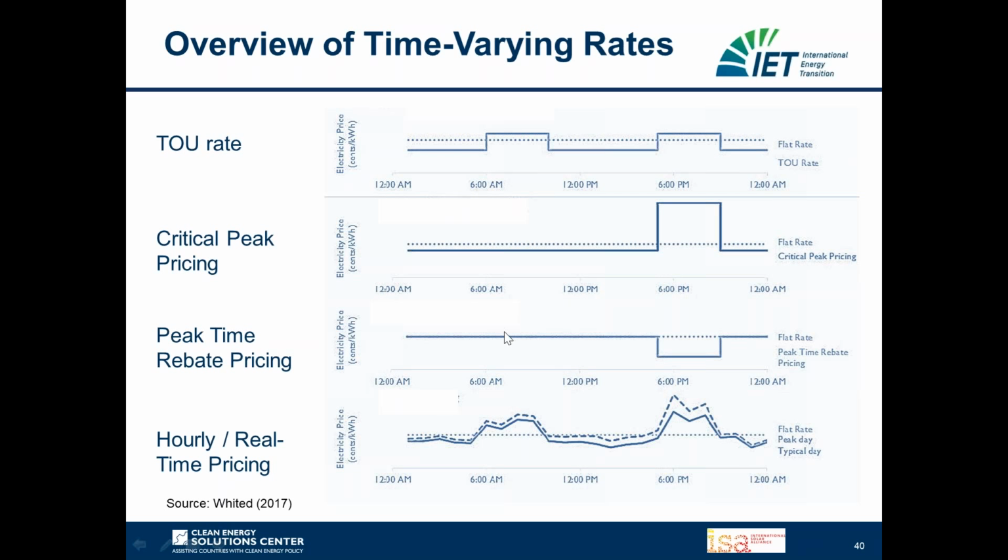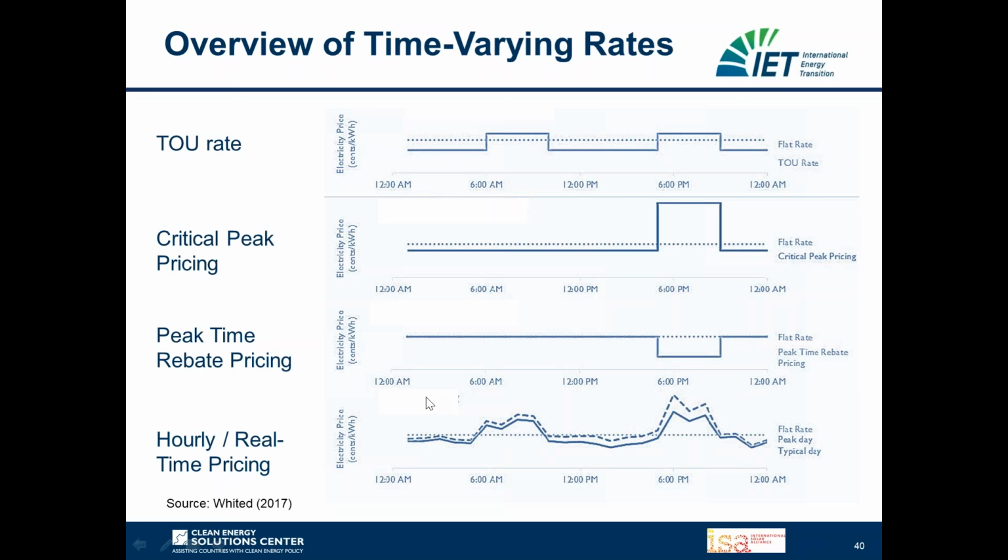Then critical peak pricing has a quite significant price increase, normally just for a couple of hours or a couple of days in the year. Peak demand rebates are actually the reverse, so you can reduce your electricity bill if you switch off some of your consumption during certain hours of the day. And last but not least, we discussed real-time pricing, where the price varies according to the price signals given by the wholesale market rate. This is then handed over directly to the retail electricity price.